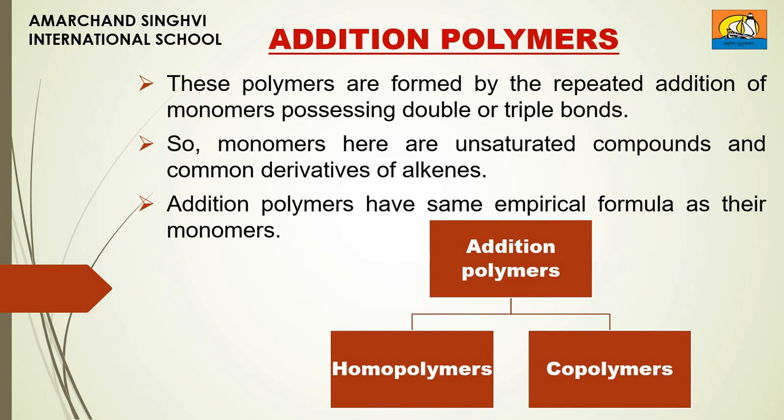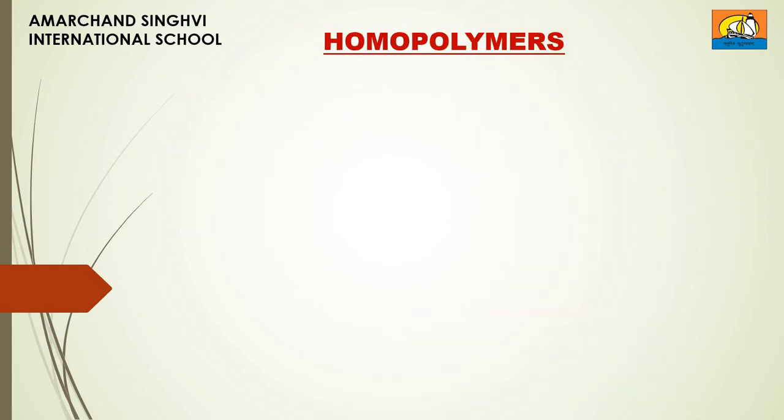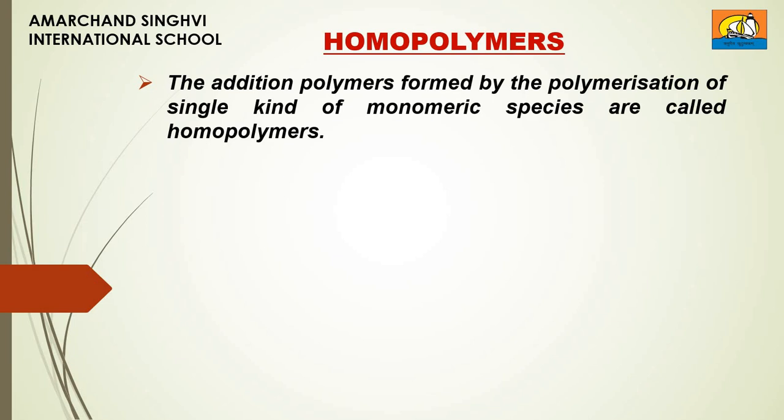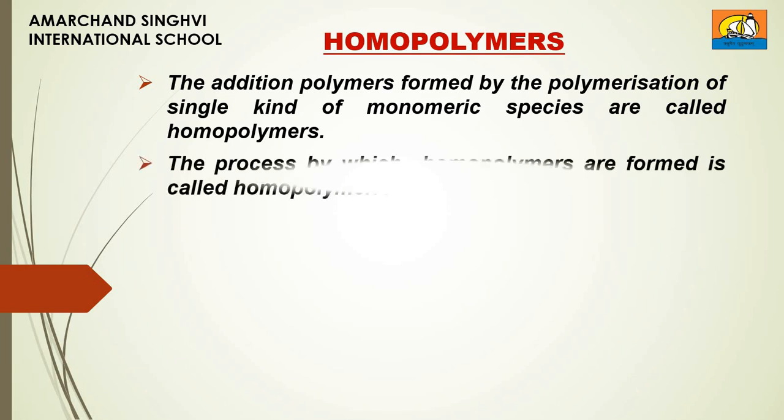Addition polymers are again classified into two types: homopolymers and copolymers. Homopolymers are the addition polymers formed by polymerization of single kind of monomeric species. The process by which homopolymers are formed is called homopolymerization.